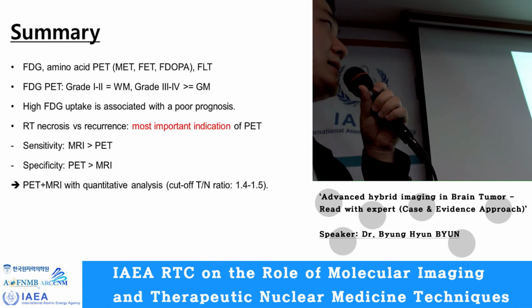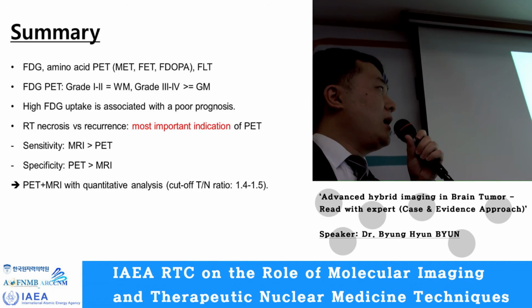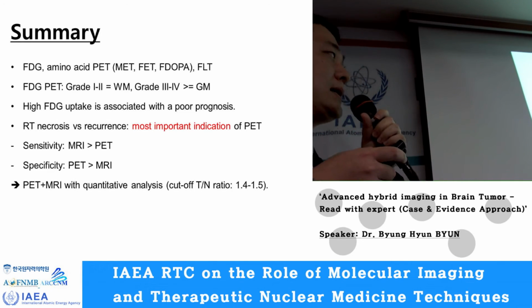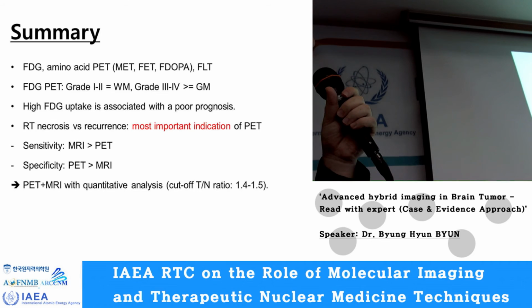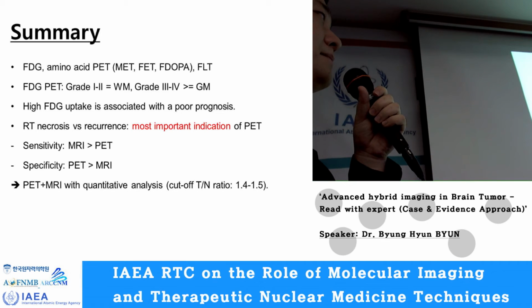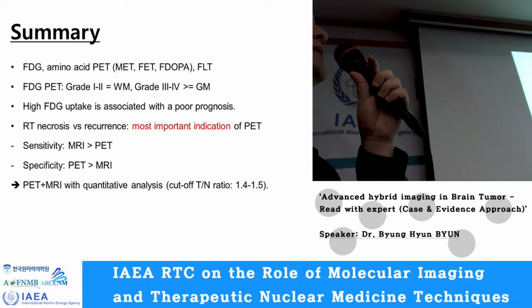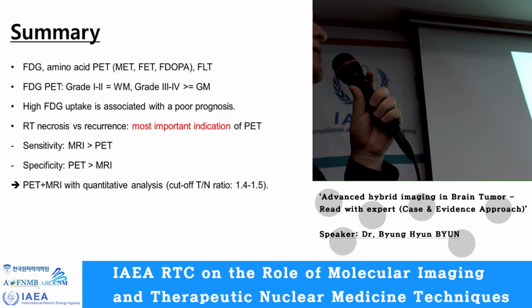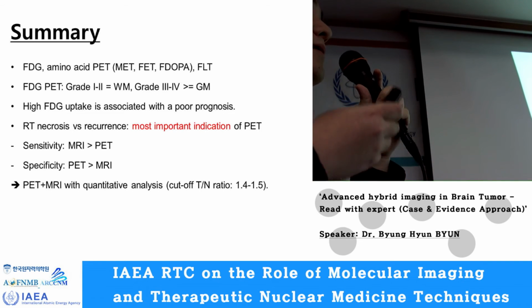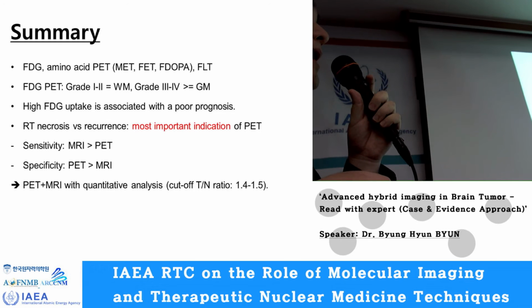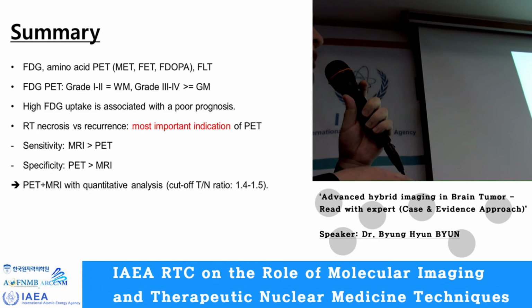And yes, this is the summary. There are usually three kinds of PET. Actually, other tracers are also available, but I showed three kinds. The first is FDG.